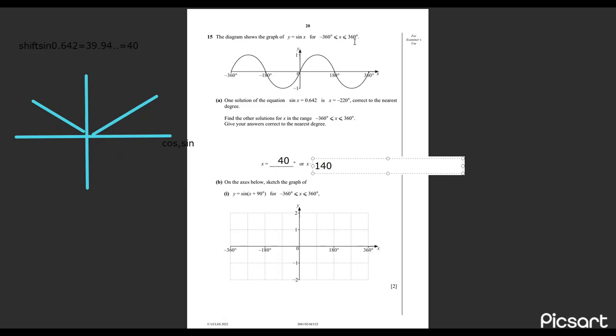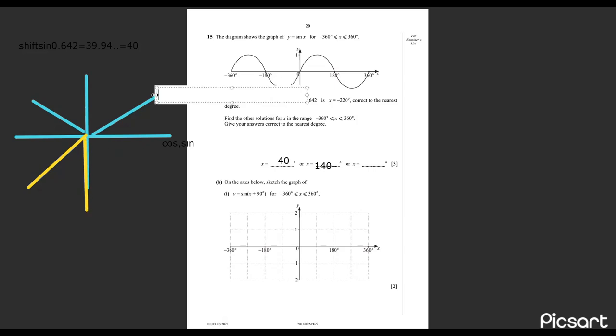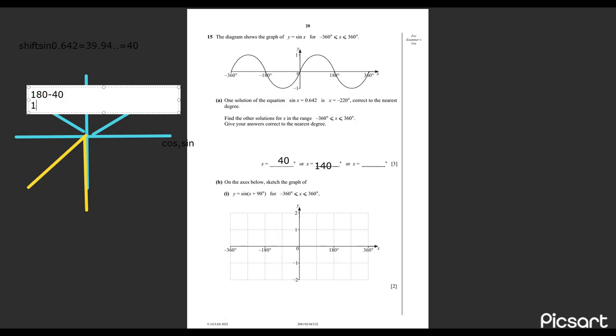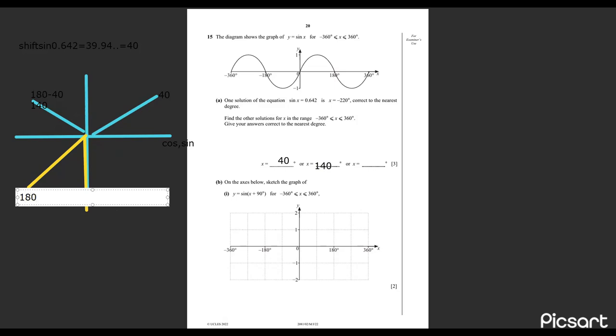Okay, let's see the negative parts. Here it will be negative. It gave you 220, which is 180 plus 40, and it is negative because the y-axis here is negative. So we have 40, then 180 minus 40, which is 140, and here 180 plus 40.